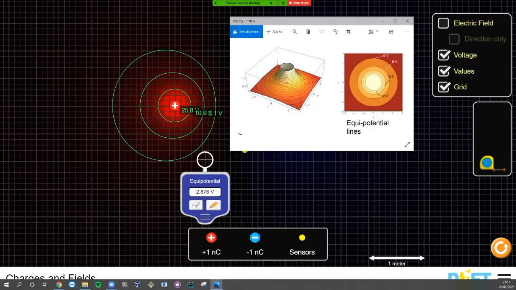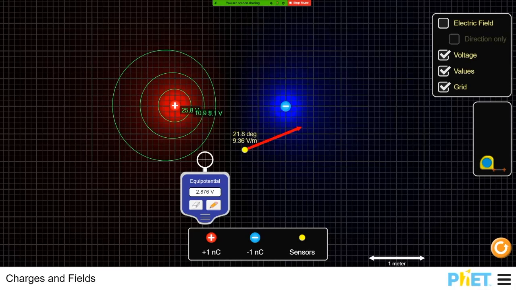And these equipotential lines behave kind of like the contour lines that you may find on a topographical map, which connect all the points that have the same elevation above sea level. You can see the contour here. So going back to this, all of these points have the same elevation above 0 voltage.